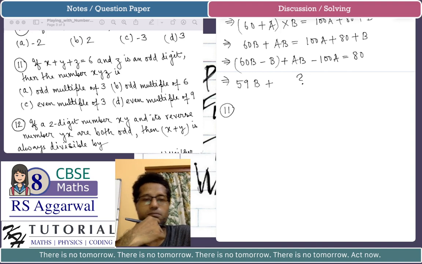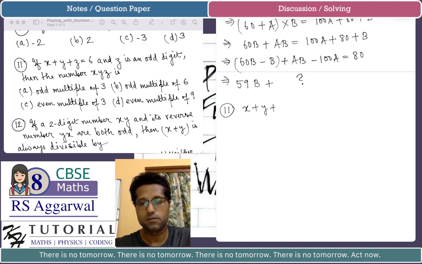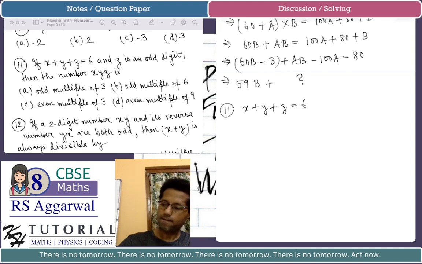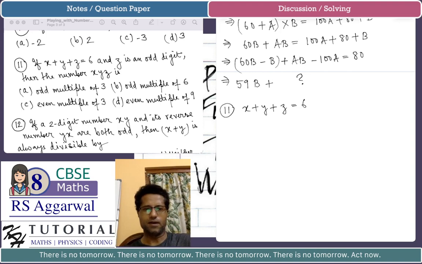If it is given x plus y plus z is equal to 6, then the number xyz. Okay, so this problem is based on the divisibility of numbers, which I have not discussed.